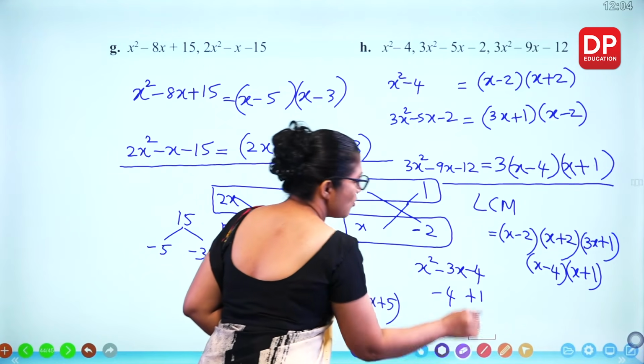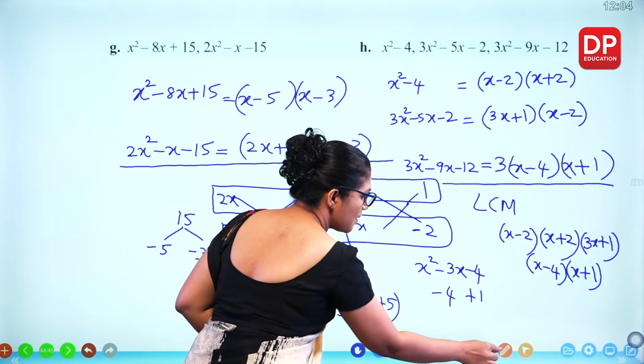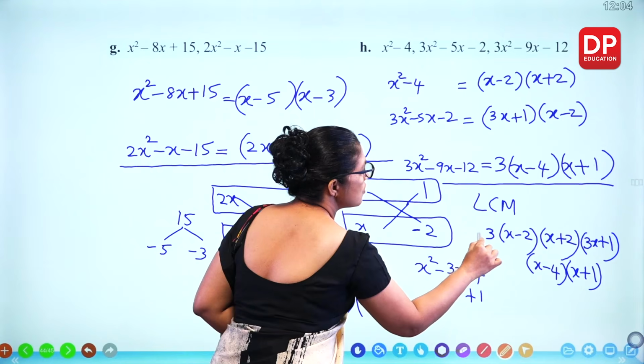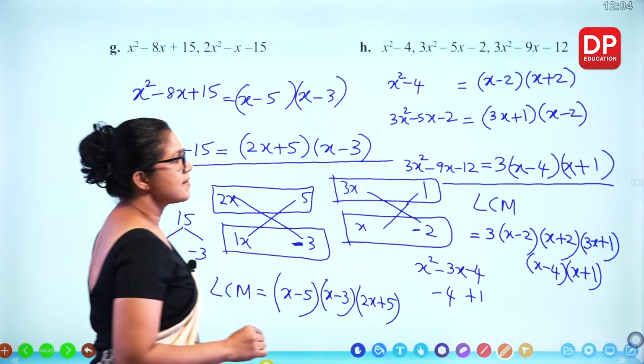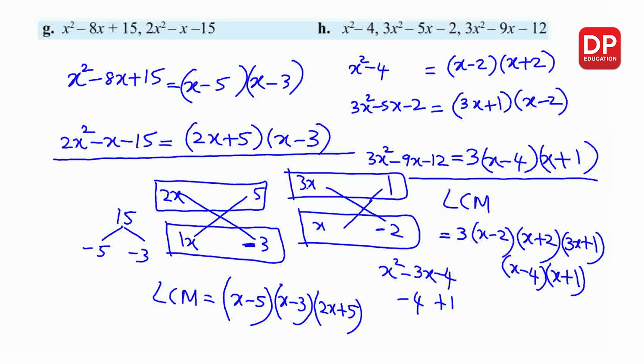So here you have to write down all terms to get the least common multiple.